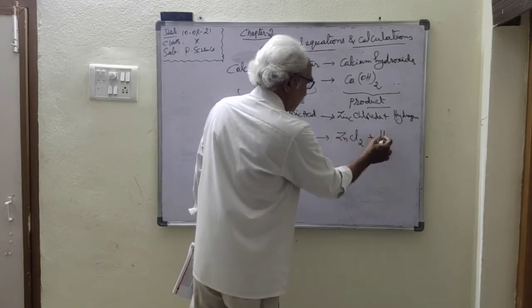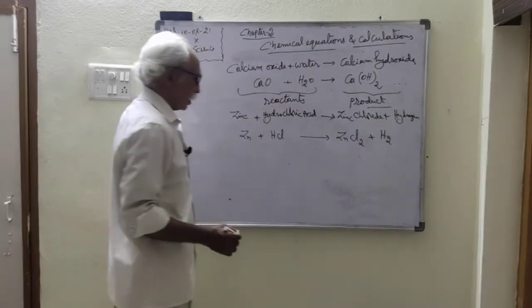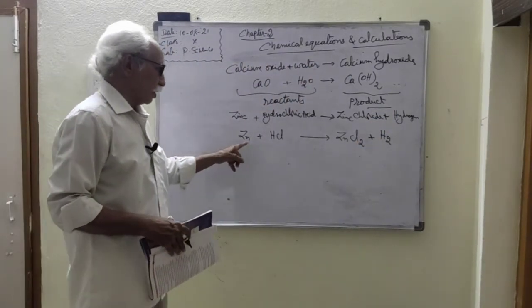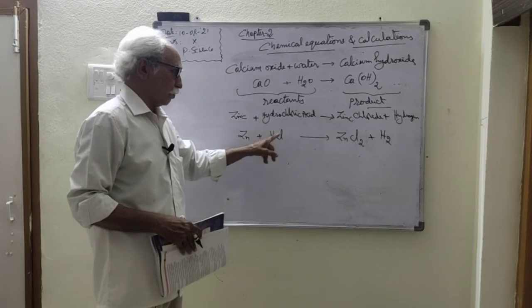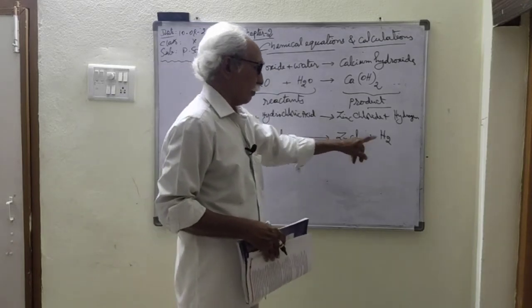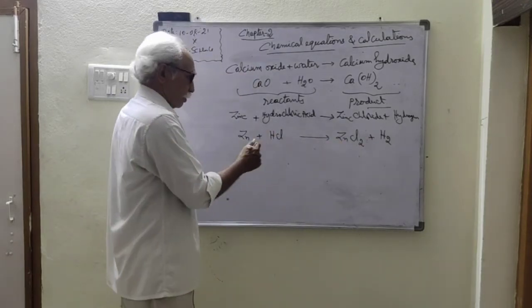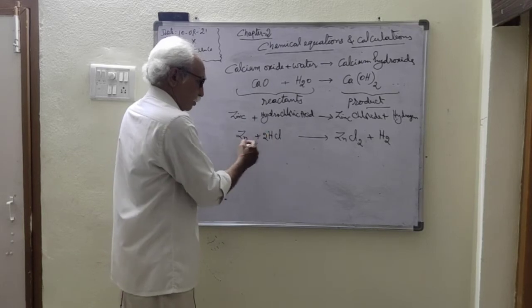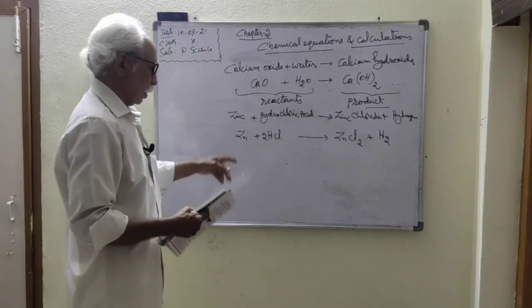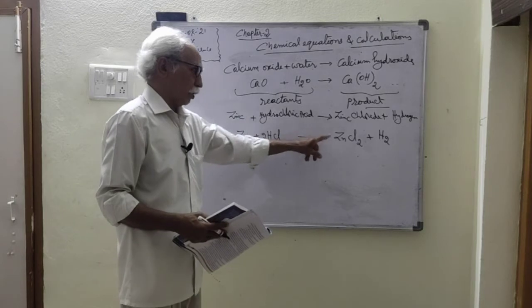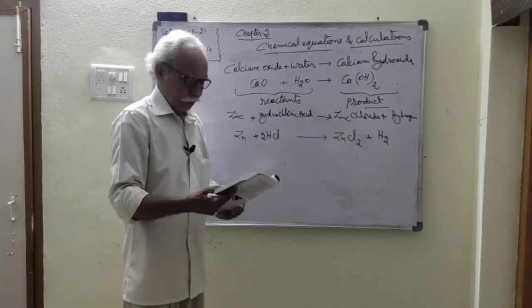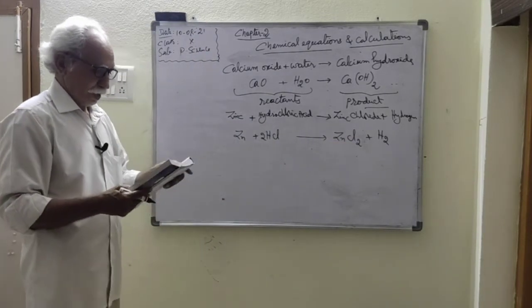Hydrogen is a gas. So we find 1 mole of zinc reacts with 1 mole of HCl, producing 1 mole of zinc chloride and 1 mole of hydrogen. Is it balanced? Not balanced, so you write 2HCl. Then it means 1 mole of zinc and 2 moles of HCl give rise to 1 mole of zinc chloride and 1 mole of hydrogen gas. Then you can say it is balanced.